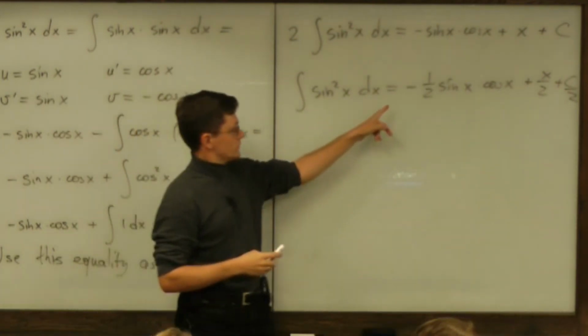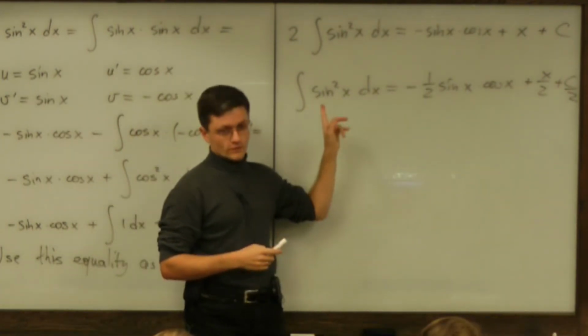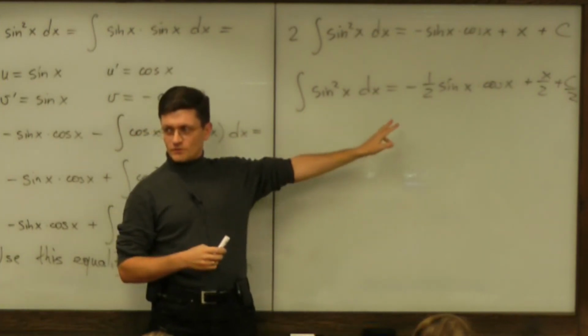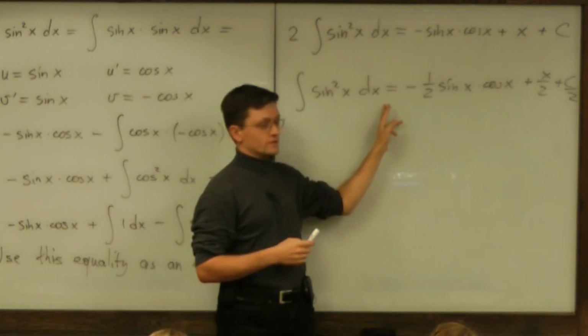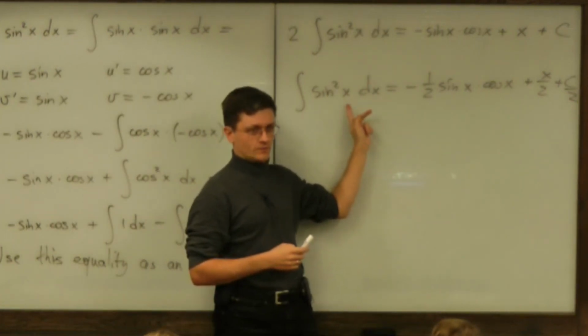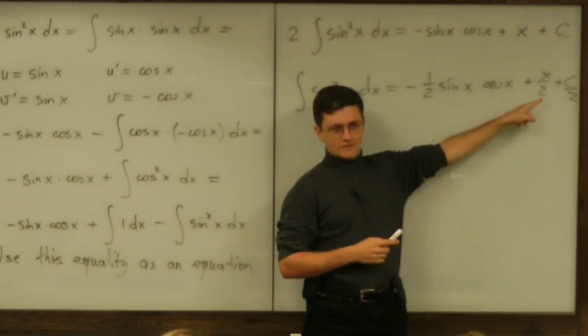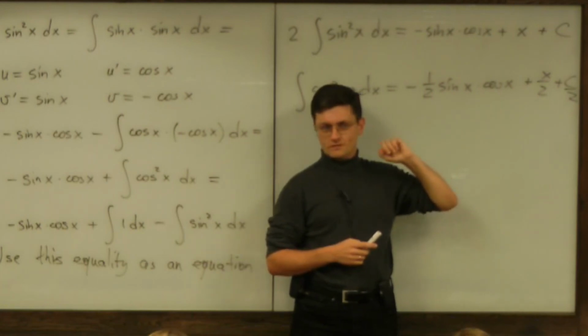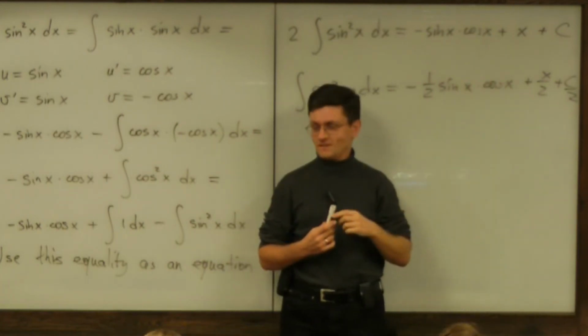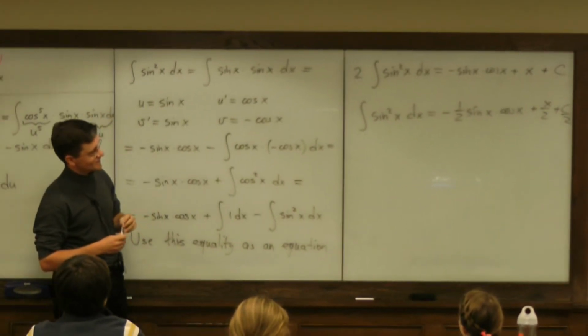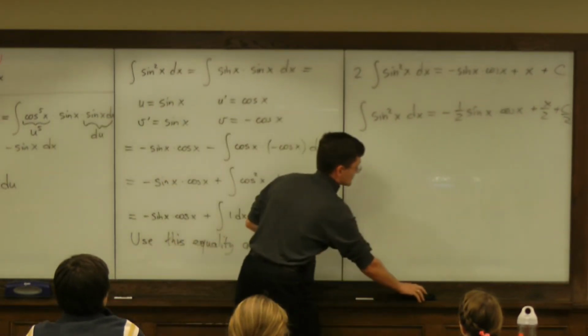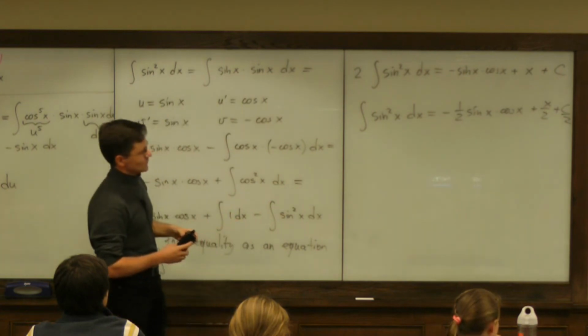So the curious thing to notice here is that you started with a completely trigonometric function for integration. And who would normally guess that an integral of trigonometric function would involve a polynomial function, like x over 2? So that was something curious I noticed while taking the integral.